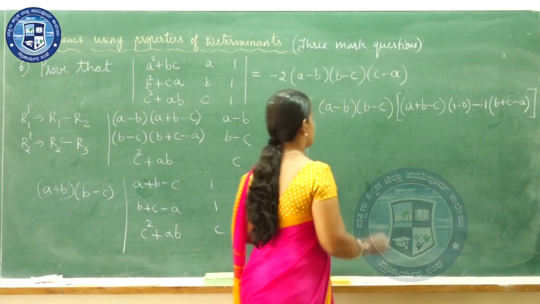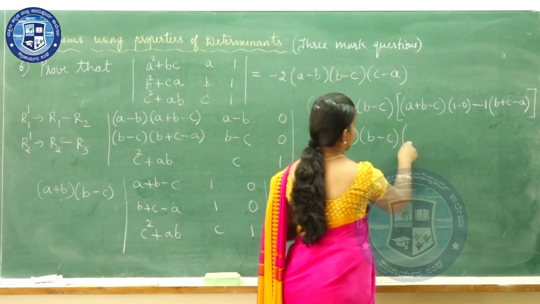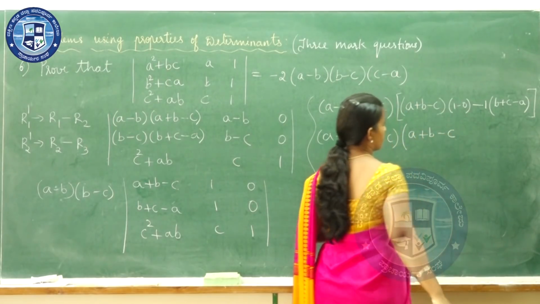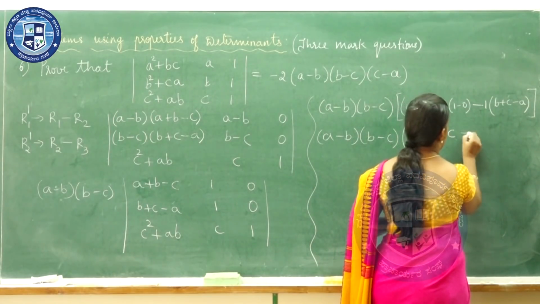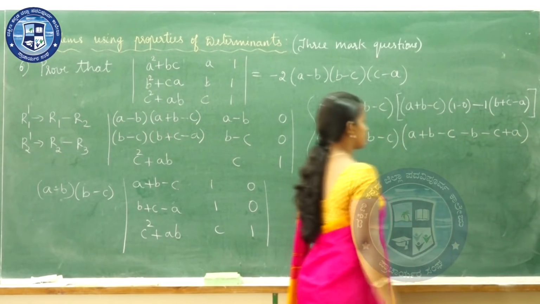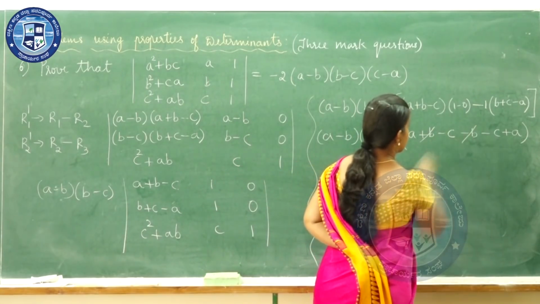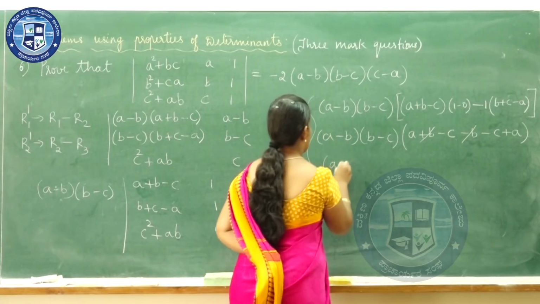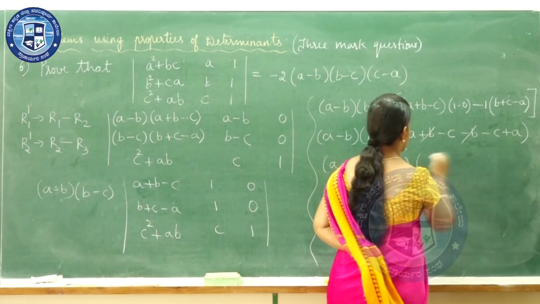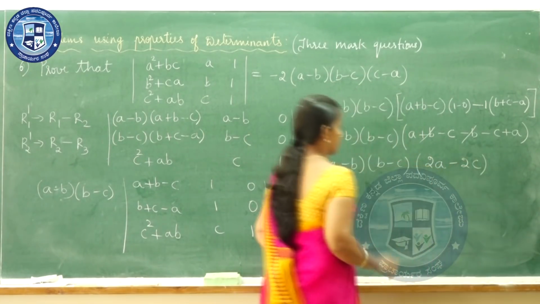So there is no use calculating. So A minus B, B minus C. Simplify this now. Here you will get A plus B minus C. Simplify this, you will get minus B minus C plus A. So B and B will get cancelled. So A minus B, B minus C, you will get A plus A is 2A minus 2C.